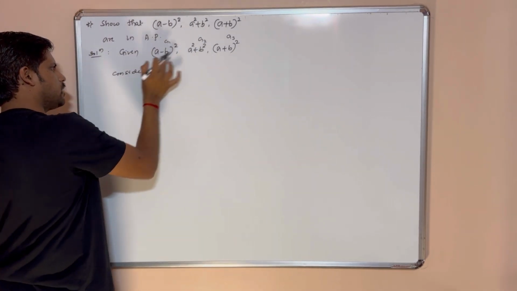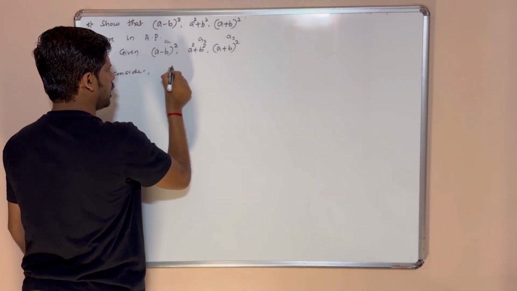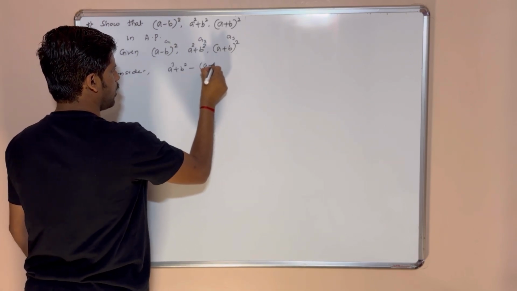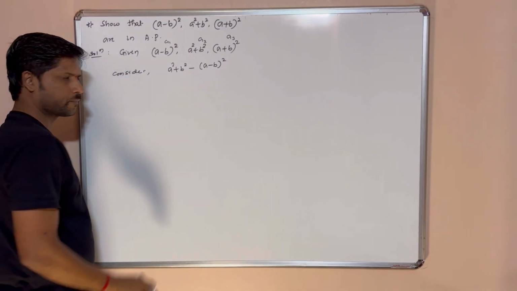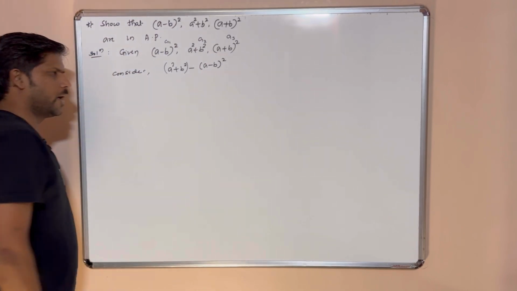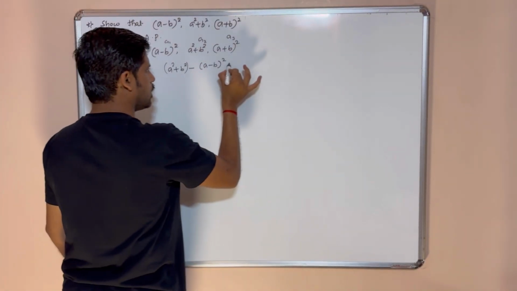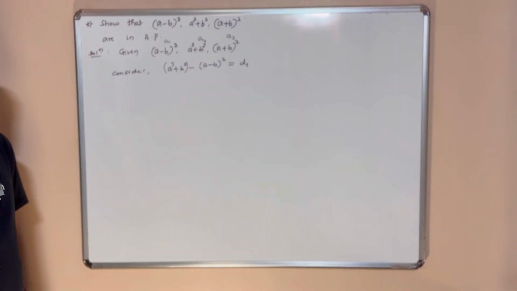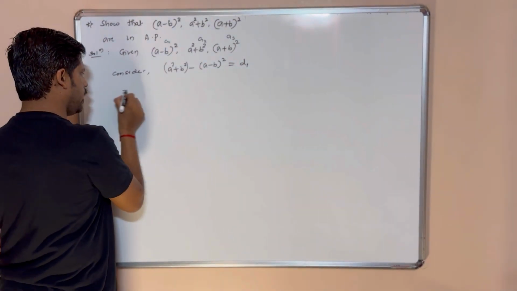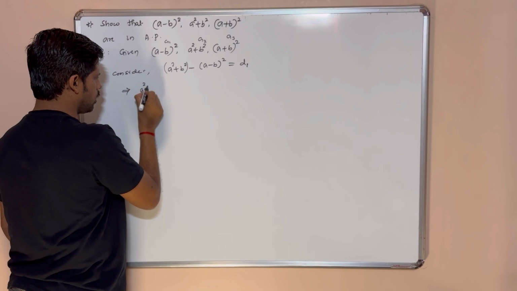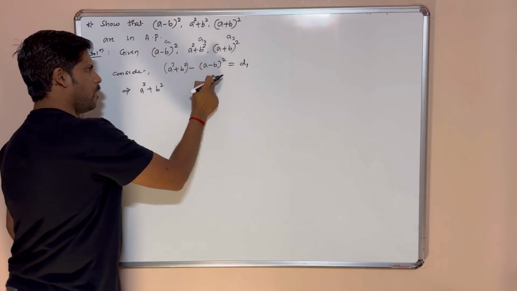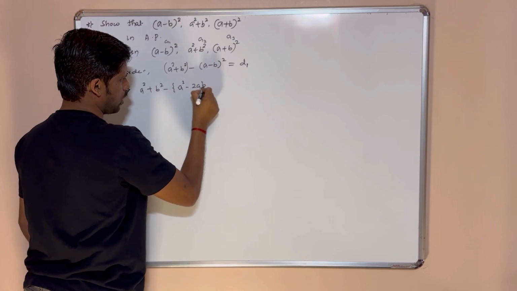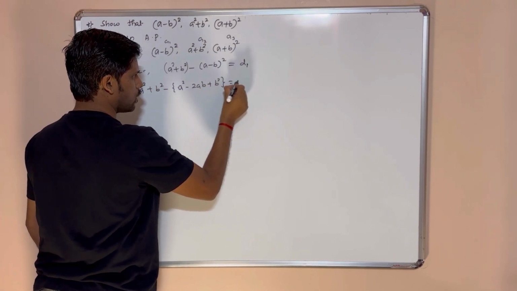A2 minus A1, that is a square plus b square minus (a minus b) whole square. I will call this one as a common difference D1. Simplify this one: a square plus b square, keep it as it is. (a minus b) whole square formula, a square minus 2ab plus b square.